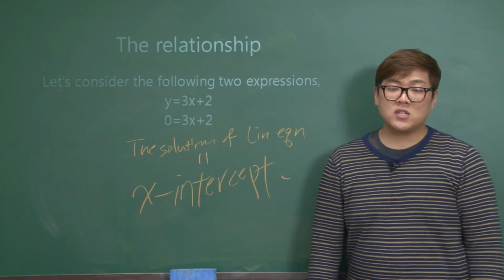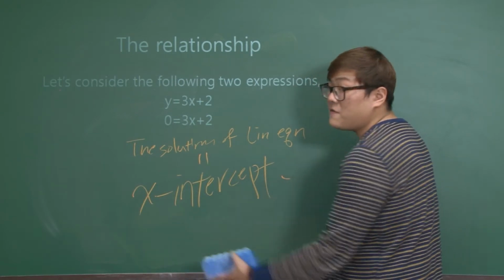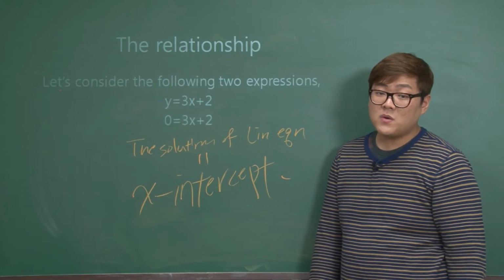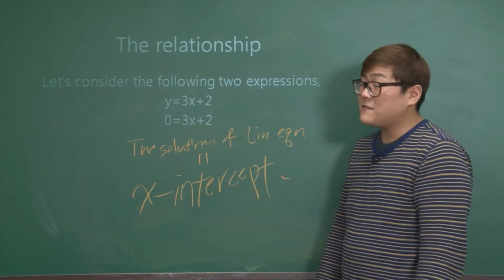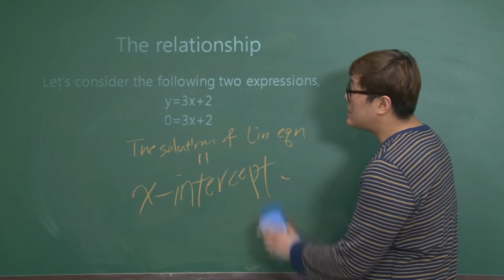So you can also solve this problem graphically. If you're given a graph of a linear function, then the point where y is 0, the x-intercept of the given graph, is going to be the solution of the linear equation.